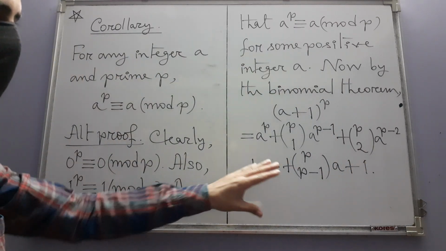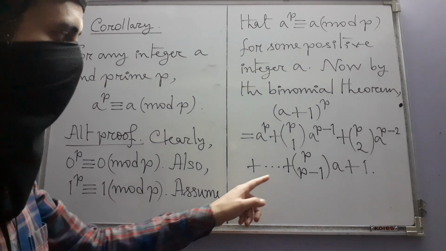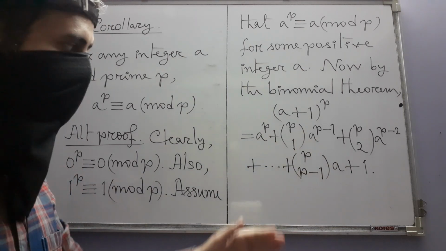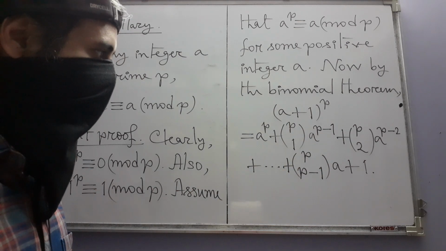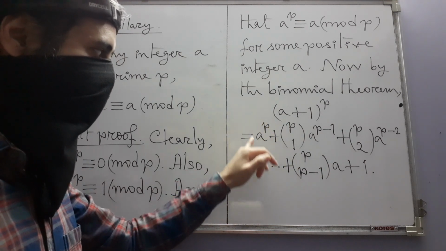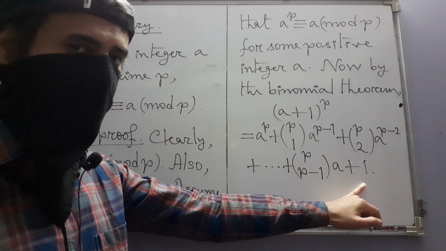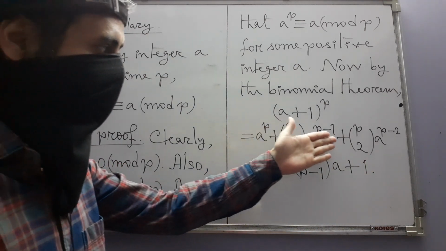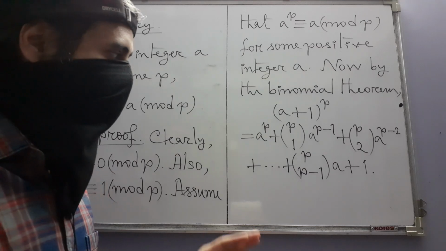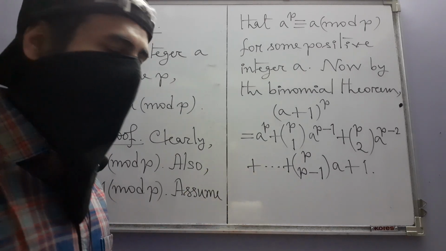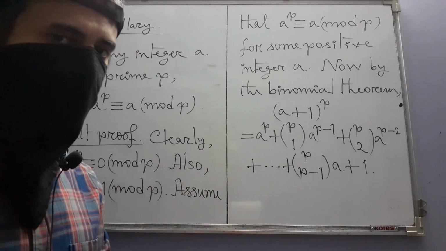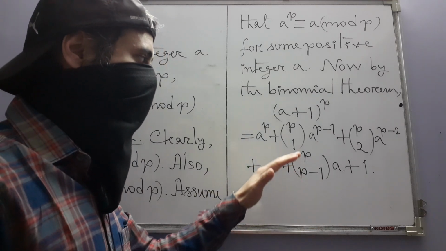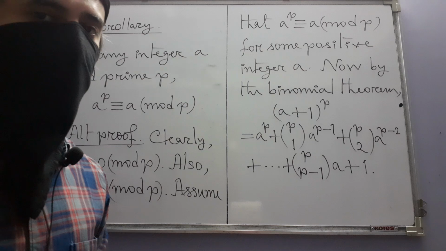Okay, so we let it sit like this, and now we are going to see one fact about these binomial coefficients, the ones that we have shown here. Here also we have p choose 0 and p choose p, but we do not have anything to say about them. For these binomial coefficients though, what we want to show is that they are already positive integers, we know that. But now we are additionally claiming that they are divisible by p.